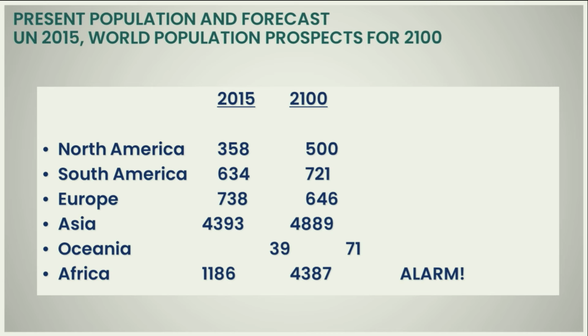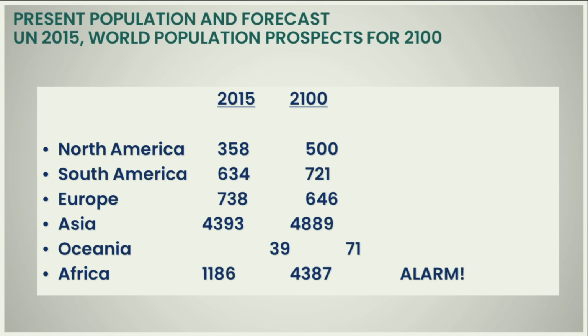Europe has a decrease, but most of the other regions of the world have an increase. But the increase is 20 to 30%, which is going to make it difficult to feed the world, certainly, but not impossible. But Africa, the prediction is the population will quadruple by the end of this century.